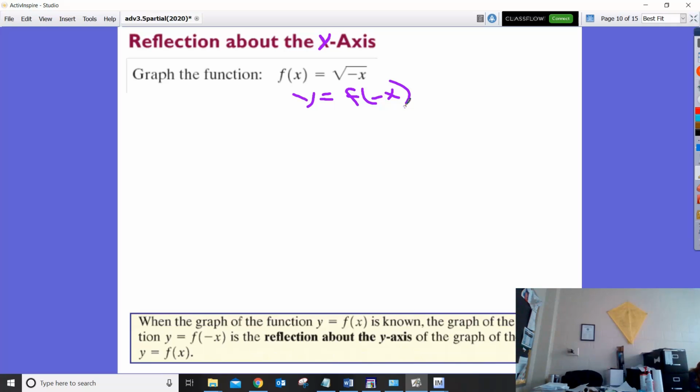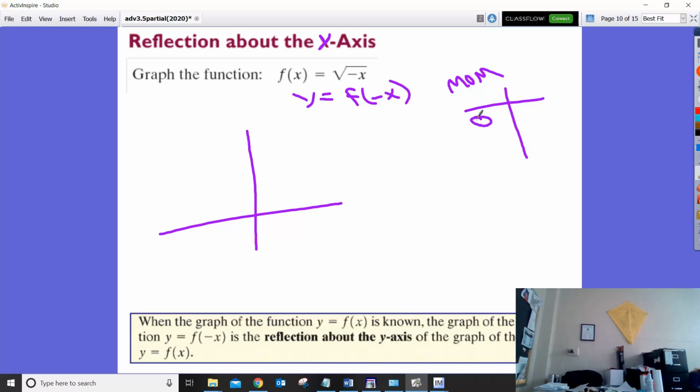This is actually something that reflects on the y-axis. One of the easiest things you can do is make a table. But we'll go ahead and draw mom first. That's the root function. What was mom's 3 key points? 0, 1, 4 maybe?